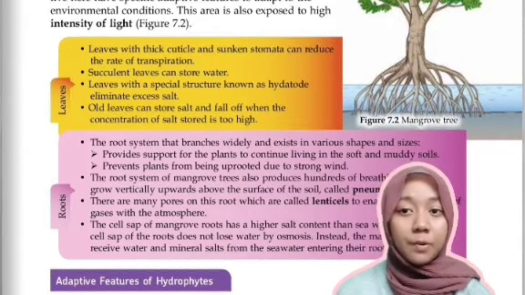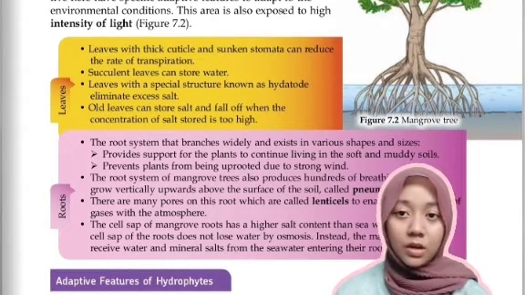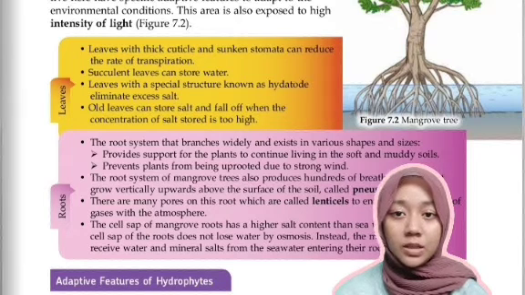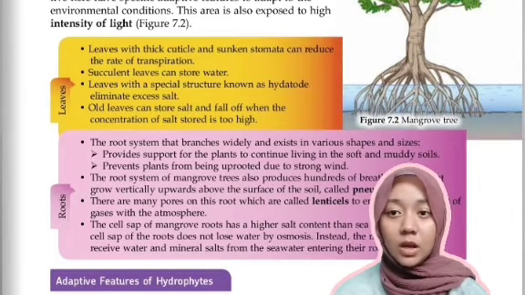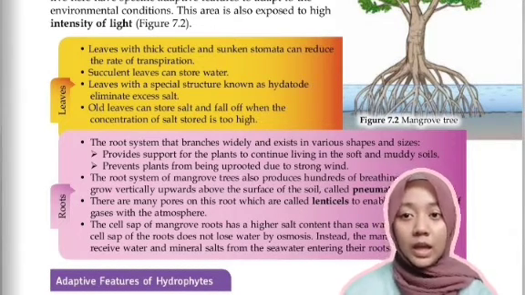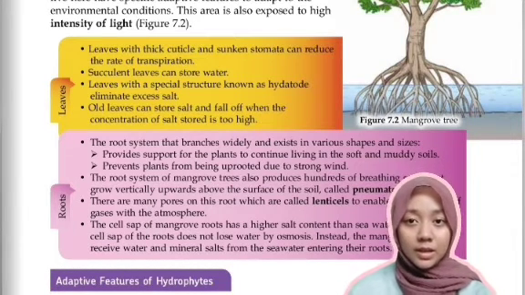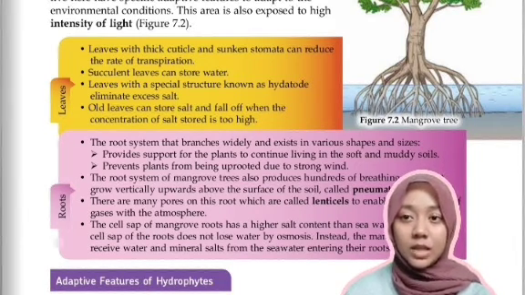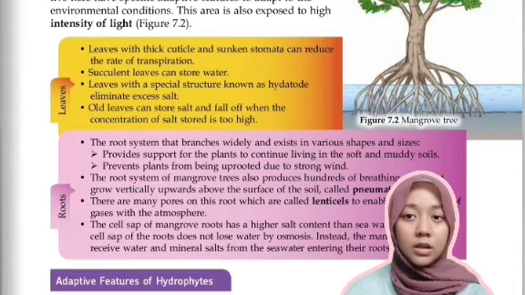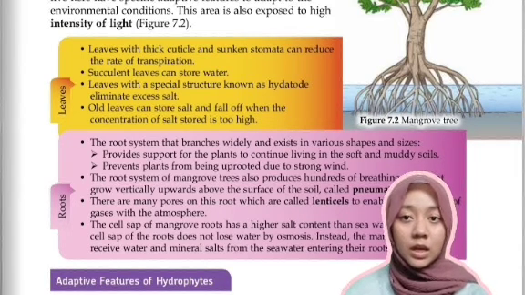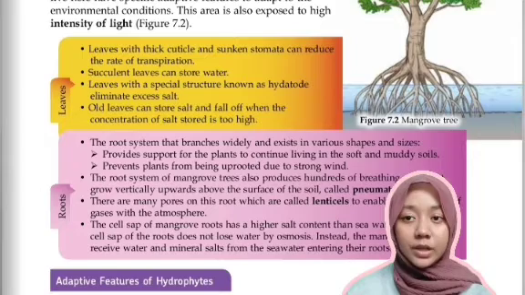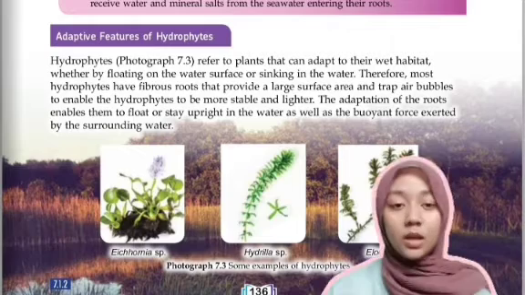There are many pores on these roots, which are called lenticels, to enable the exchange of gases with the atmosphere. The cell sap of mangrove root has a higher salt content than seawater. Hence, the cell sap of the roots does not lose water by osmosis. Instead, the mangrove trees receive water and mineral salts from the seawater entering their roots.